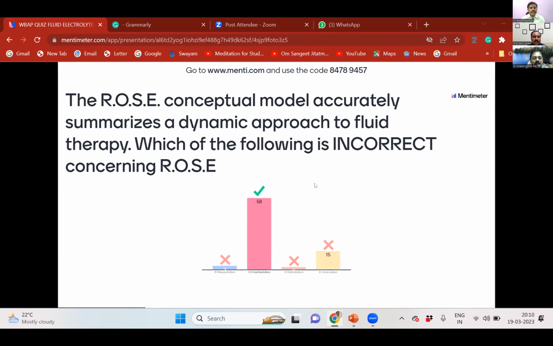So overhydration was the correct answer. Almost 58% gave the right answer. Next question.